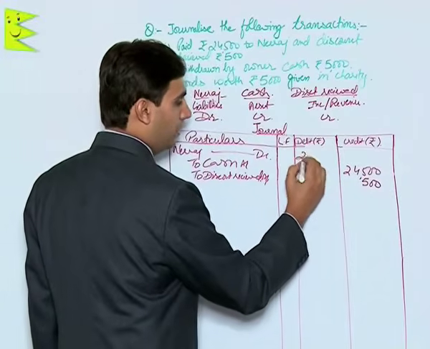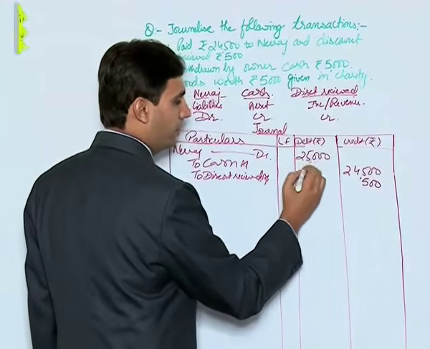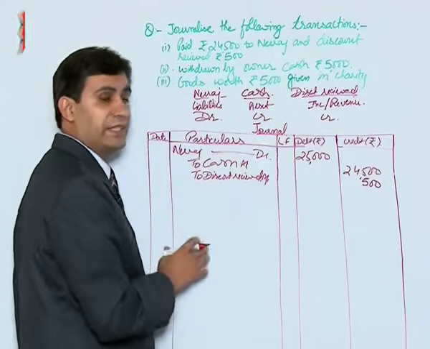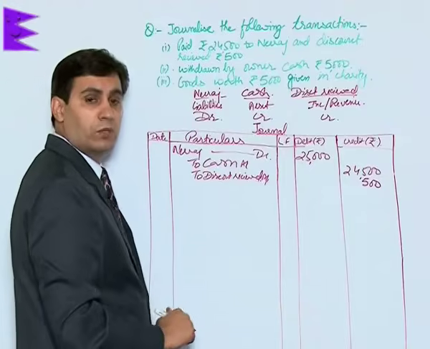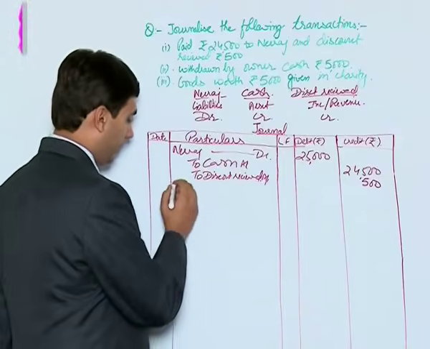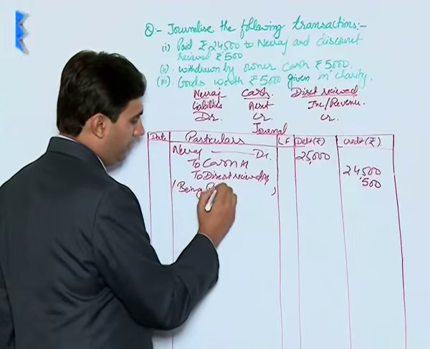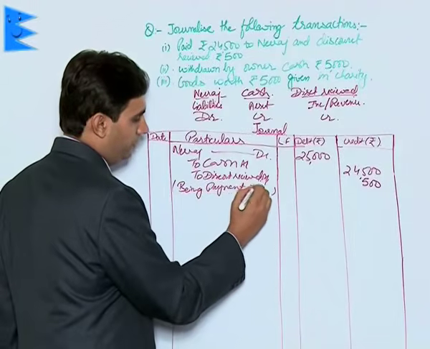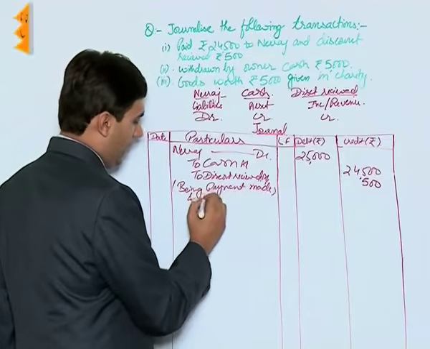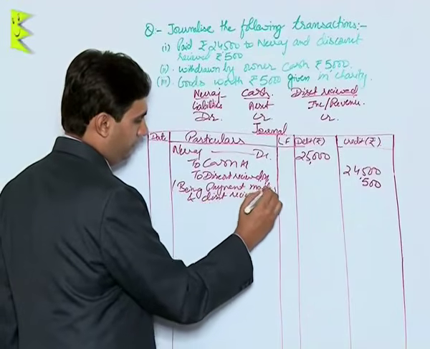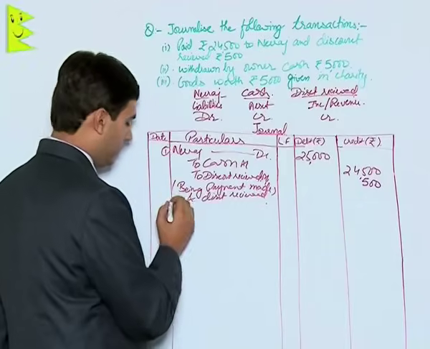So in total, Neeraj account would be debited by 25,000. Again, make sure that in such entries, debit and credit, both aspects are equal. Narration being payment made to Neeraj and discount received. There is no date, so we will mention serial number here.